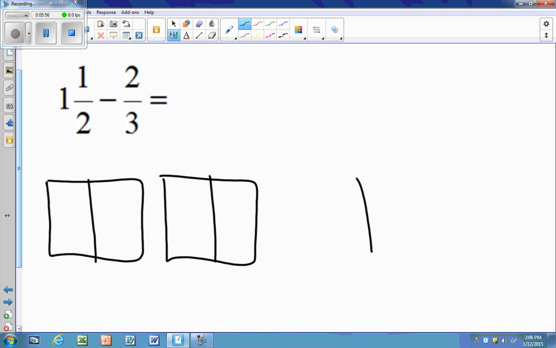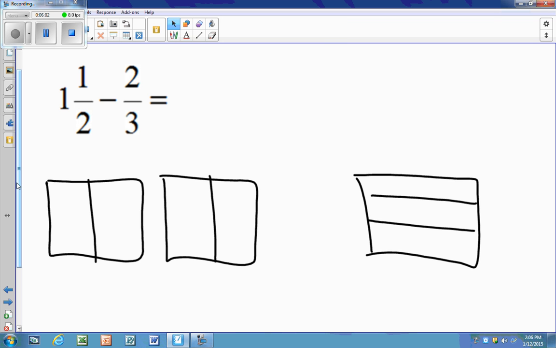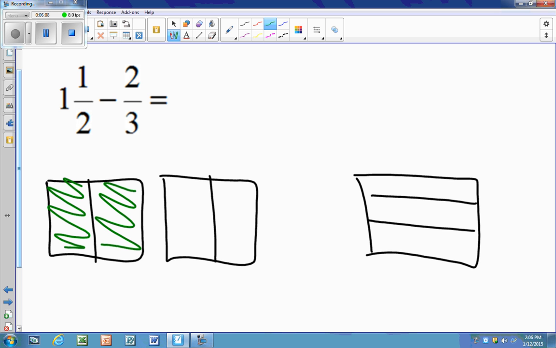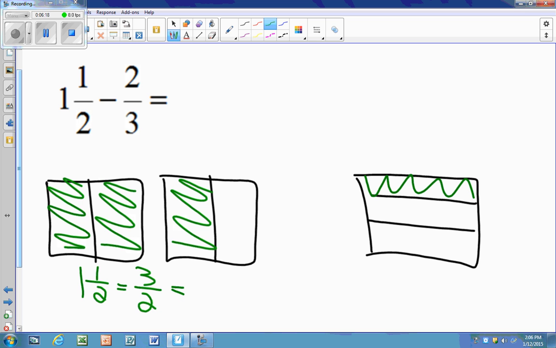And then over here, I'm going to draw my other rectangle, which is thirds. We're going to shade them in. So I'm going to shade in 1 whole and a half. And that represents 1 1/2 or 3 halves, I can see. And then over here, I'm going to shade in 2 thirds and write 2 thirds.